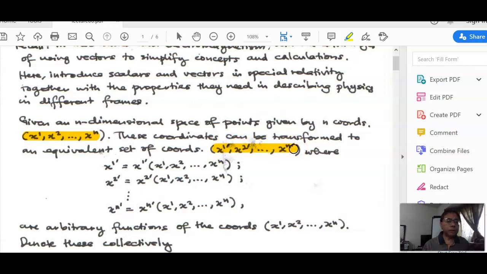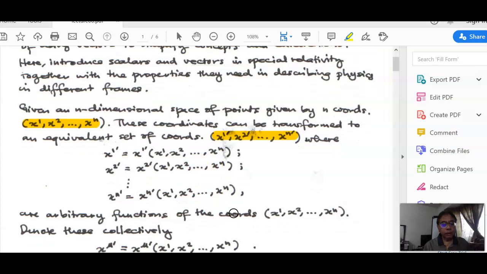Ideally, these coordinate systems will be related to each other, and how they are related is defined through functions. For example, the dashed coordinate system might depend on the old, undashed coordinate system of x1 until xn. So each of these x1 dash, x2 dash until xn dash would be functions of x1 until xn.